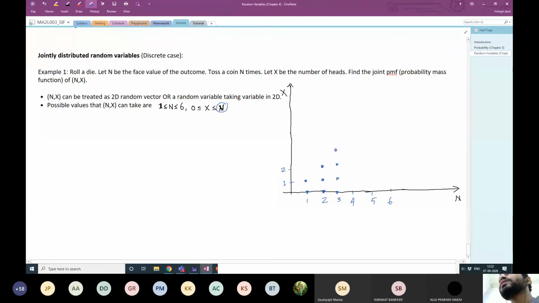If you toss a coin 4 times, you get 0, 1, 2, 3, 4 heads. Toss a coin 5 times, you get 0, 1, 2, 3, 4, 5 heads. And for 6 tosses, you get these many heads.